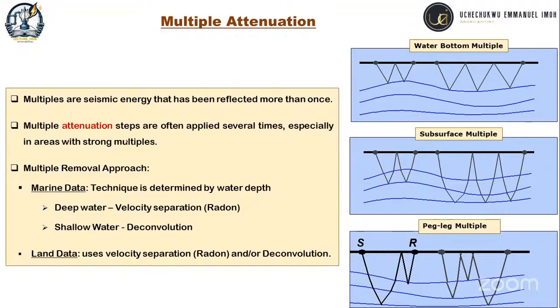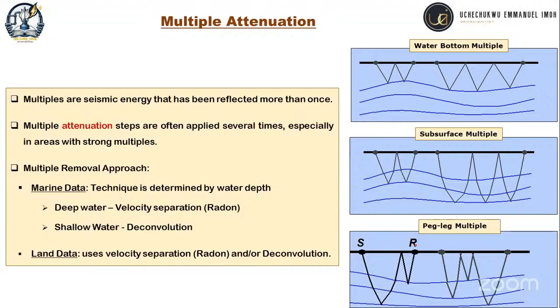And then I told you about the multiples. Multiples are very common noise in your data sets, especially in marine data. They are very common and stubborn. In land data, they can also be present, mostly as interbed or subsurface multiples. But for marine data, they will be there as water bottom multiples, and also as subsurface multiples and pegleg multiples.